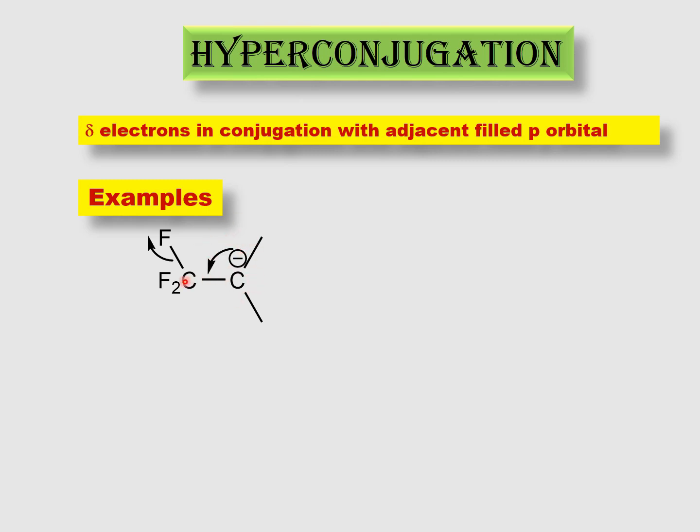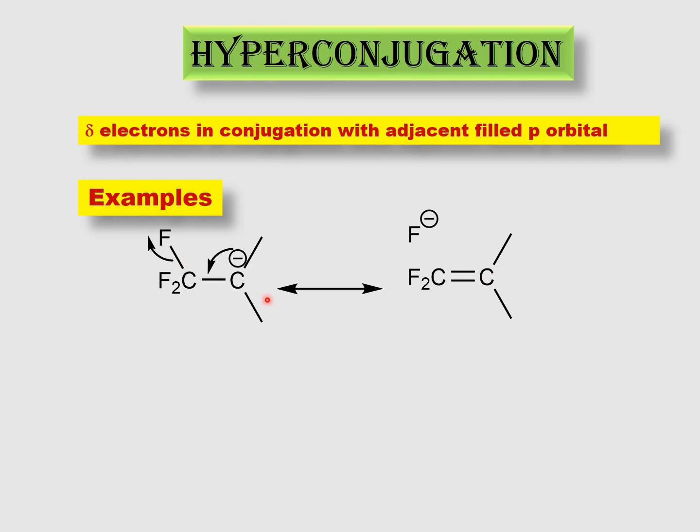So this negative charge is shared between these two carbon atoms, and fluorine, because it's a highly electronegative atom, takes the two electrons between carbon and fluorine to form a fluoride anion. Again, that remains within bonding distance, so it can share its two electrons again with the carbon, and this bond is shifted towards this carbon to give back this species.